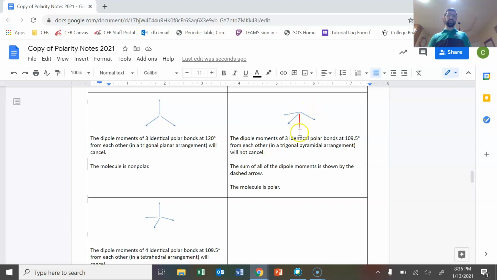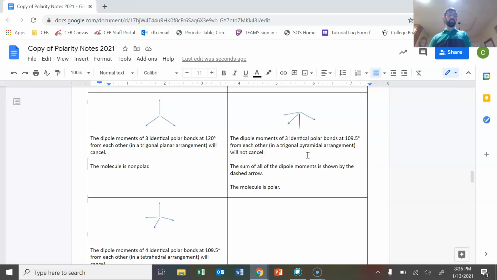But here, in a trigonal pyramidal arrangement, which would mean we have a lone pair at the top and three bonds, the dipole moments of three identical polar bonds at 109.5 degrees from each other are not going to cancel out, and the sum of all the dipole moments is shown by this red arrow.